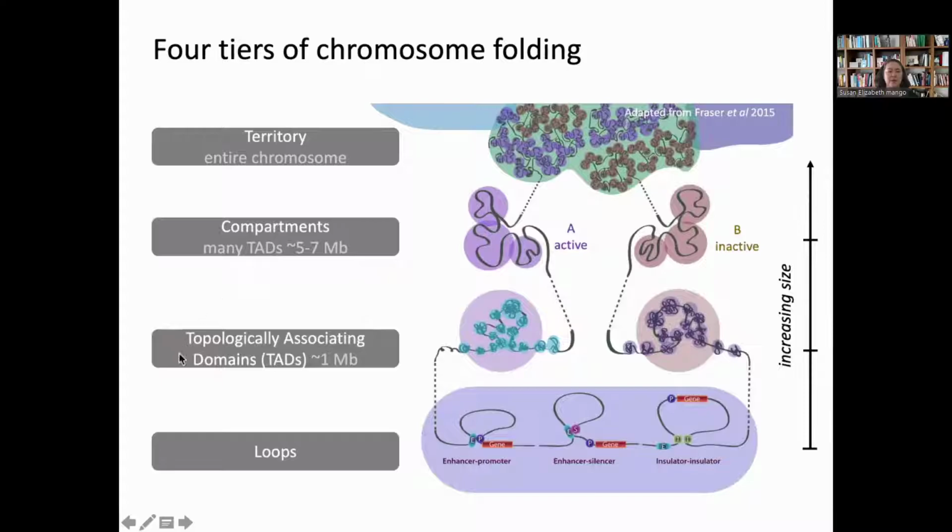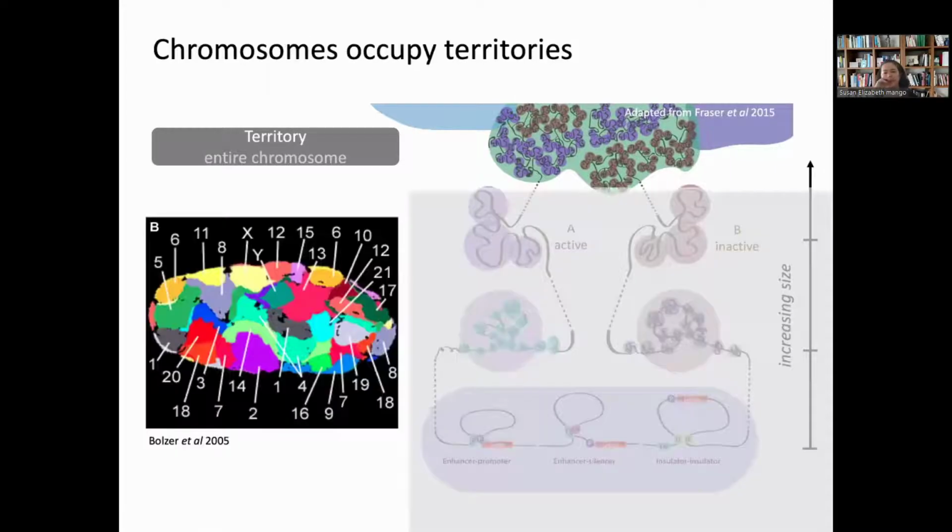Then we have topologically associating domains, or TADs, which are about 1 megabase in size. And then down here, what you may have learned about in class are loops of DNA, as illustrated here.